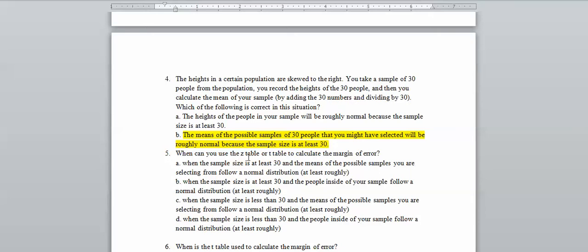In order for the z-table or t-table to be used, the sample size has to be at least 30, and the means of the possible samples have to at least follow a normal distribution. If your sample size isn't at least 30, you can't use the z-table or the t-table.